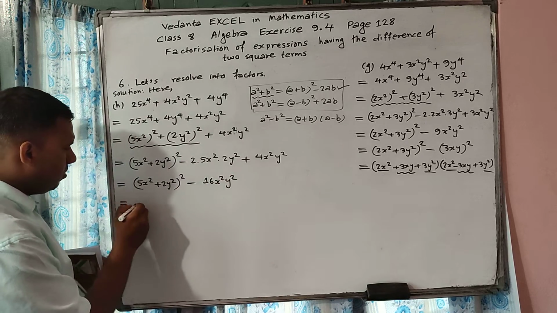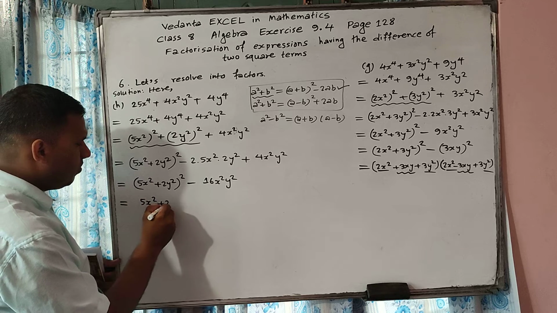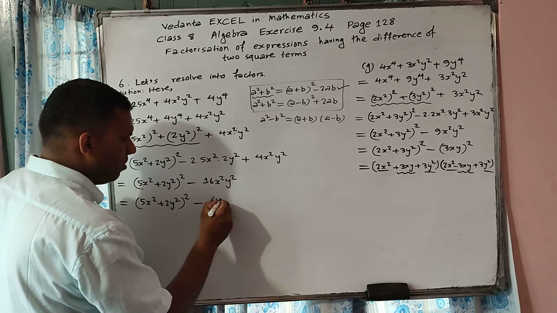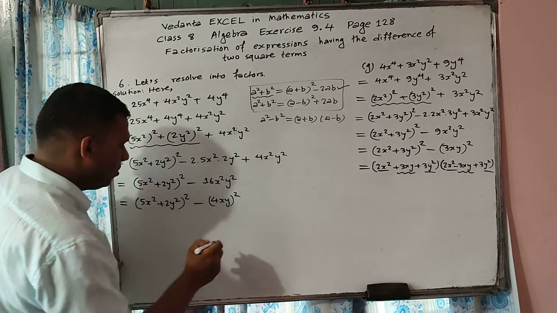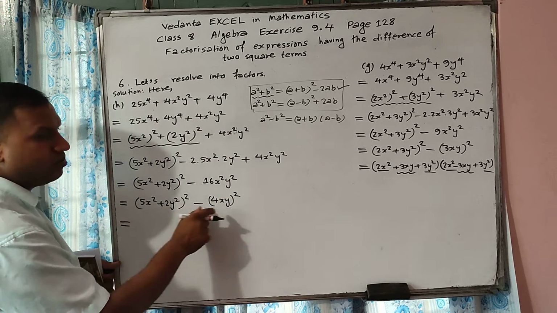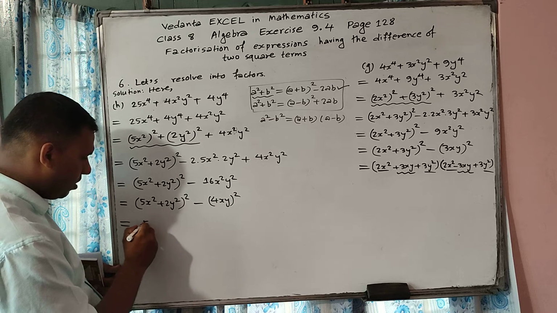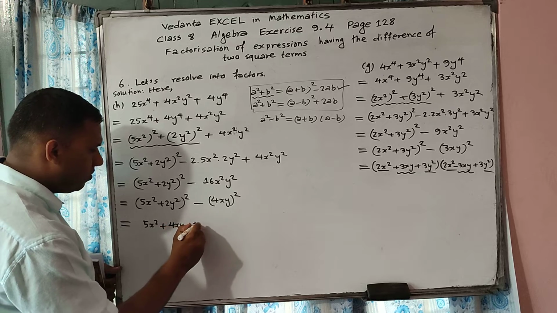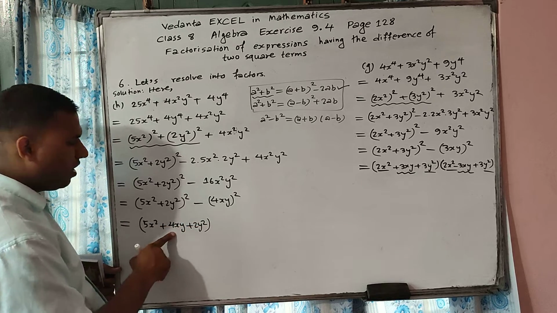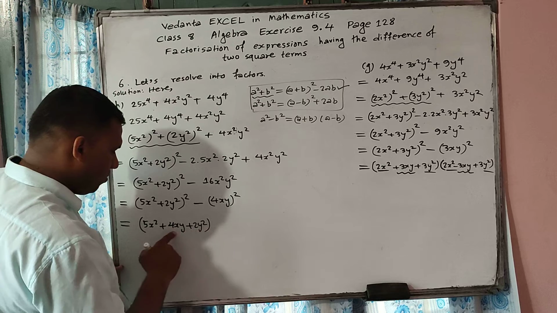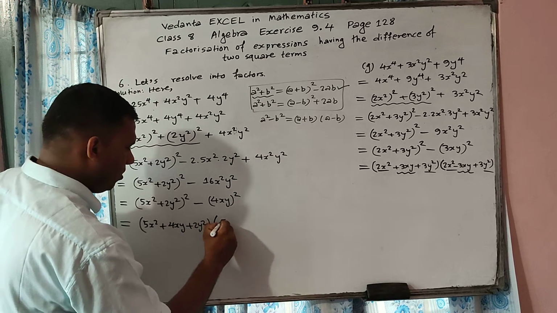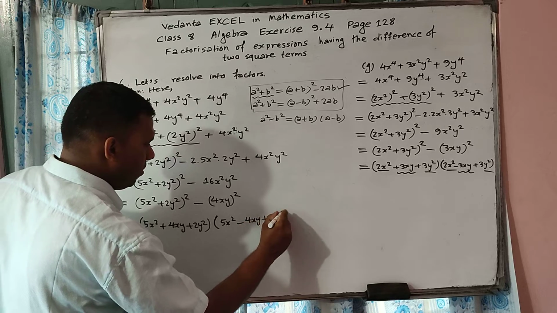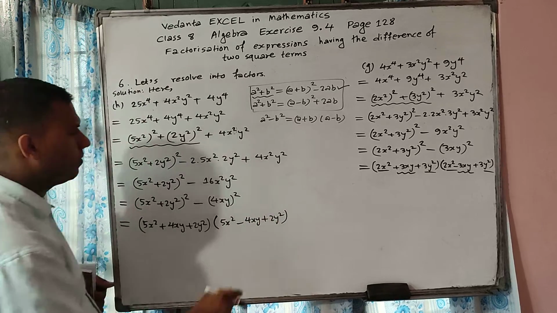This equals (5x square plus 2y square) whole square minus 16x square y square, and 16 is 4 square, so it is (4xy) whole square. Now it goes to a square minus b square form, so using the formula a plus b into a minus b: 5x square plus 4xy plus 2y square, writing b directly in the middle position, a plus b. Similarly 5x square minus 4xy plus 2y square, a minus b.